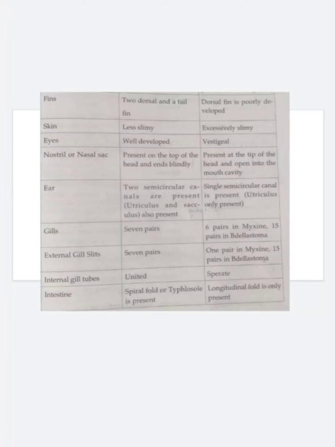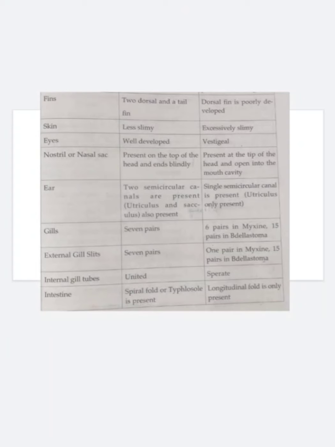This is the important character of Myxine. And internal gill tubes are united in Petromyzon and separated in Myxine.